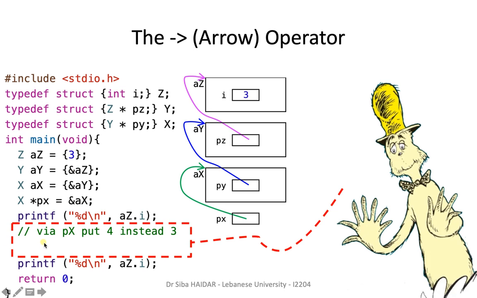And the question here is that there is the value 3 inside the I field inside the az variable, but we want a complicated task.